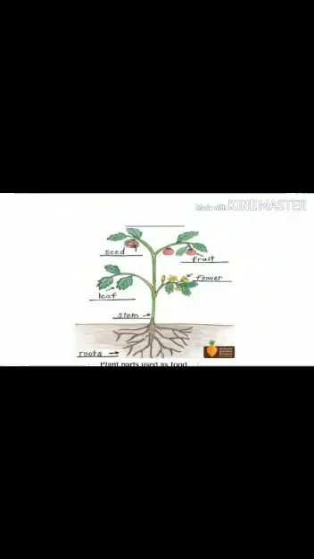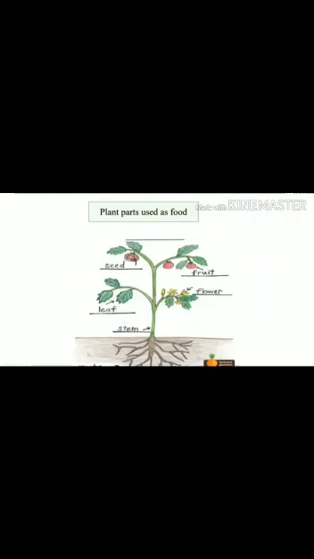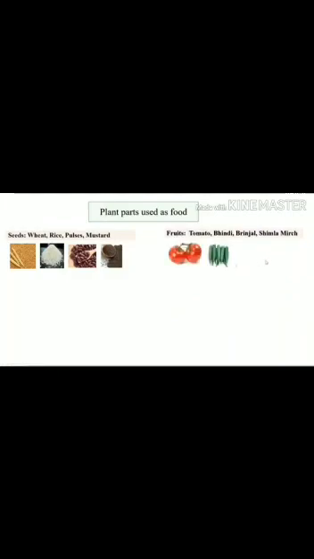Do you know that different parts of the plant such as seeds, fruit, leaf, flower, stem and roots are used as food? Let's see some examples. For example, we eat seeds of wheat, rice, pulses, mustard plants. And we eat fruits of tomato, bhindi, brinjal and shimla mirch plant.